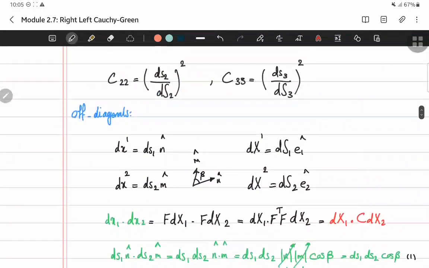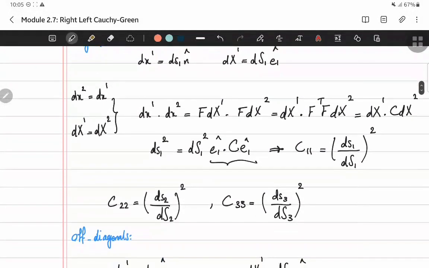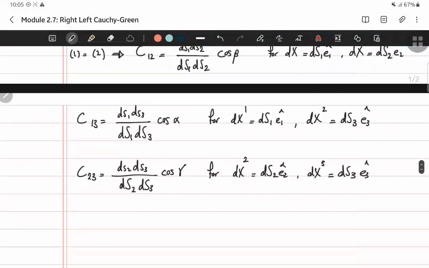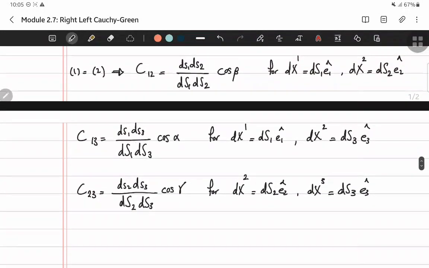If you look at the diagonals, you can see that only the length of the element is changing. But in the off diagonals, in addition to the change in length, this angle or direction is also changing.